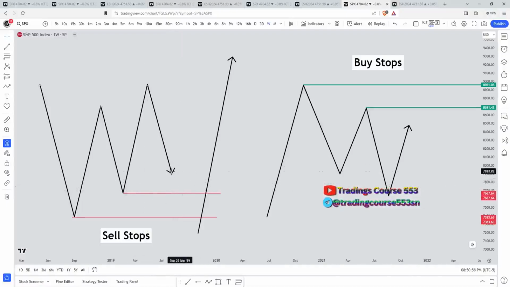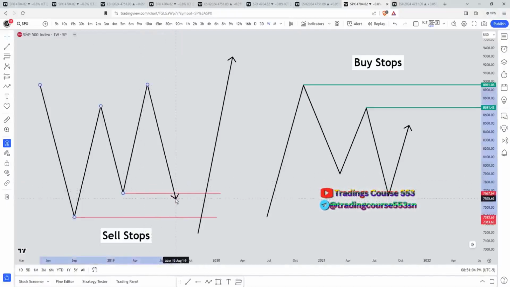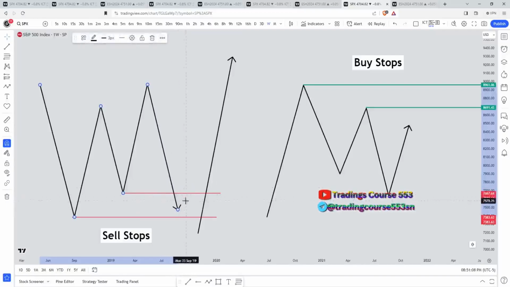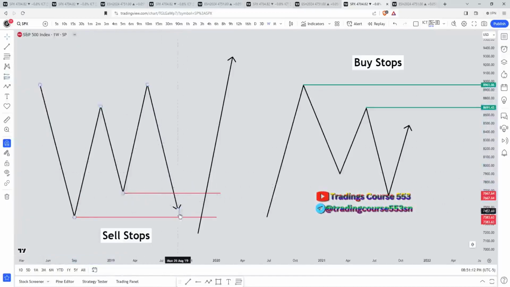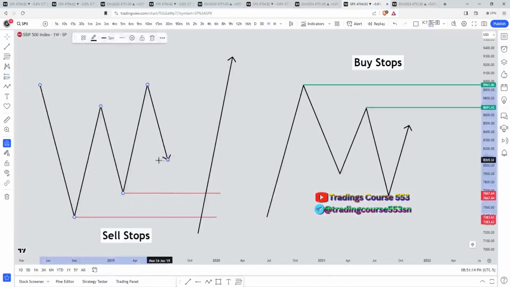Well, they need to do something on the chart which is going to entice retail to sell more. Okay, so when price starts to take out these old lows in here, well, breakout traders, well, now they could start to sell more, right?